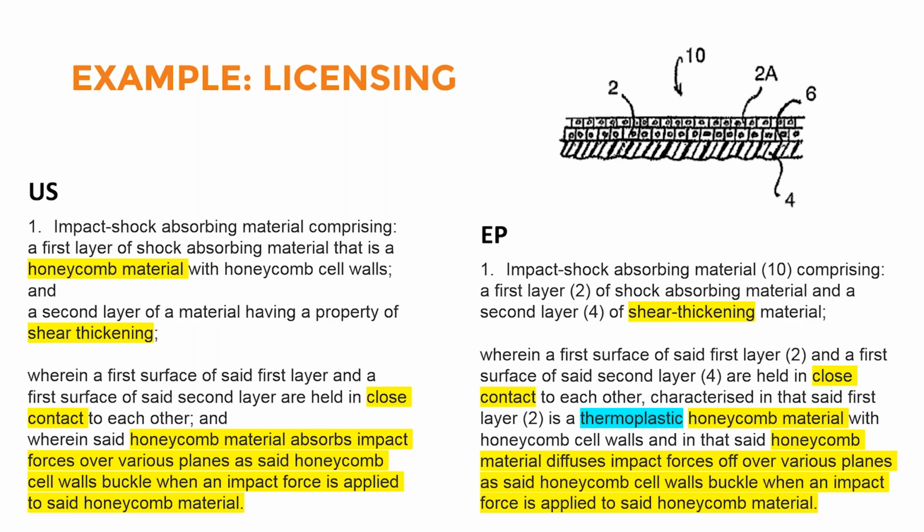But it's got all of the key elements that I looked at and realized probably apply to what I'm doing on the US side, except for one word. And that's the one highlighted in blue, that the honeycomb material is thermoplastic. And then a light bulb goes off in my head, and I say, well, wait a minute, I use thermosets, not thermoplastics, in my hockey pads.